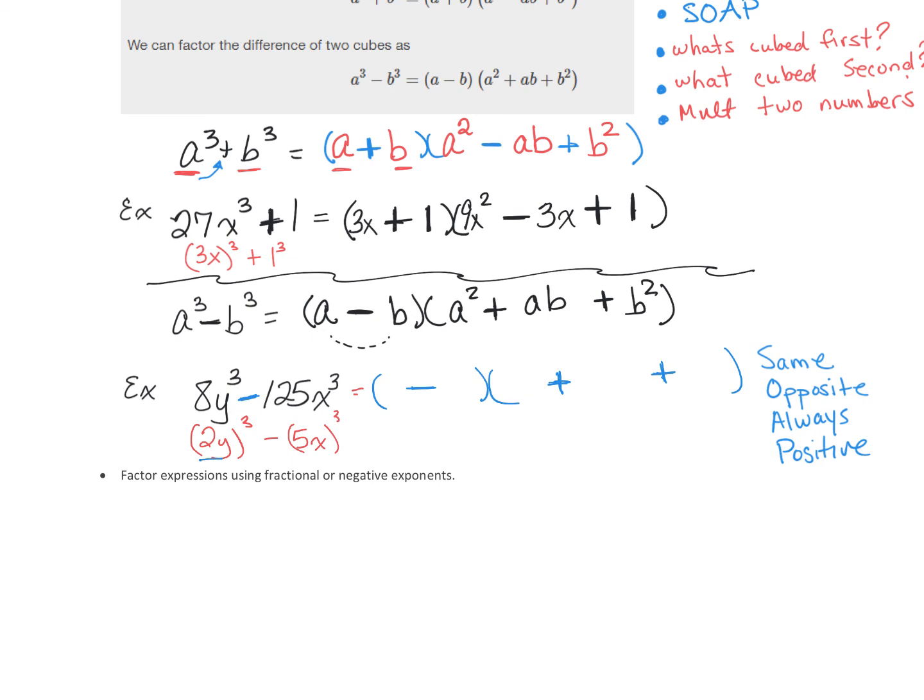We're going to say 2y is what's cubed here, and then we'll square it and get 4y squared. 5x is the second thing that's cubed, and we'll get 25x squared. And then we'll multiply those two together, regardless of the sign, 10xy. So as long as you build it, it's not too terrible.